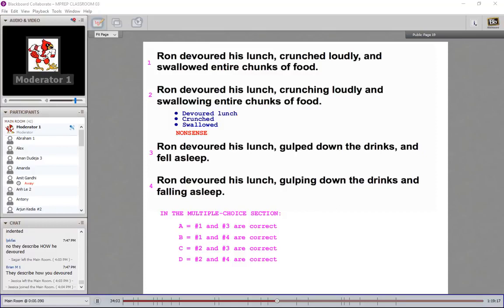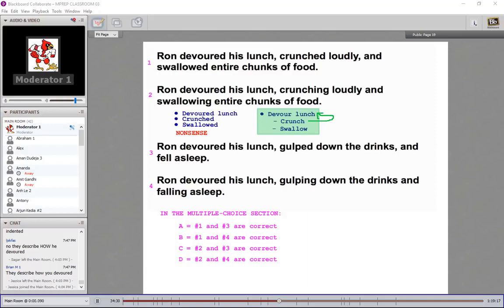Things that are sub-points of other things, you indent. So it would be more like devoured lunch, and then as sub-points of that, you have crunch and swallow. Yeah, this is the way you would make that slide. Give me a smiley face, if that makes sense. You can give me another face that doesn't, but hopefully it does.